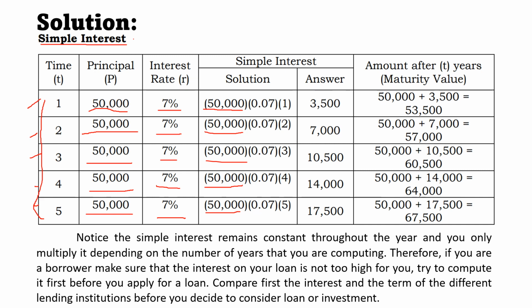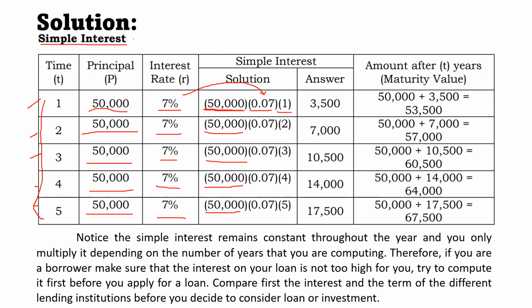For the first term, we simply multiply 50,000 pesos by 0.07, which is your 7%. We convert this to a decimal by dividing 7% by 100, and it becomes 0.07.